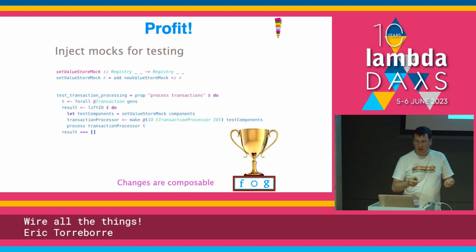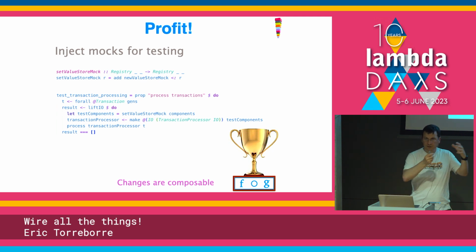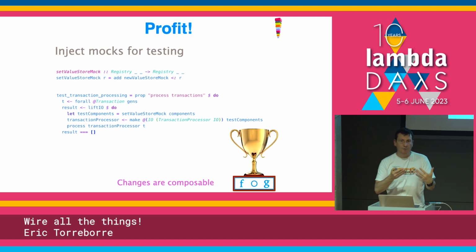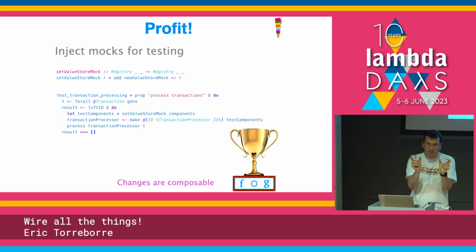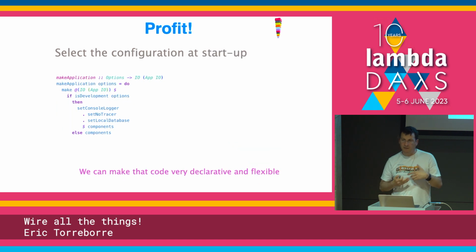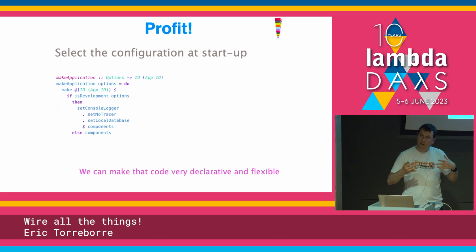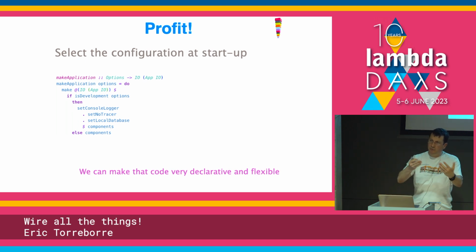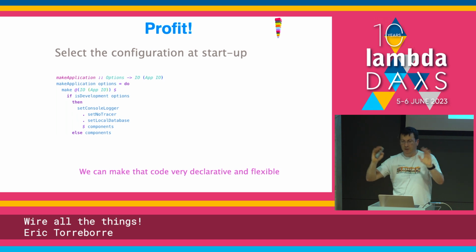And because adding something to a registry is just an operation from registry to registry, this means that you can describe all those operations as separate pieces of behavior that you can compose together. So for example, one thing you can do is have different configurations for your whole production application, where you can say, okay, if I'm deploying that thing in production, take all the components, that's fine.